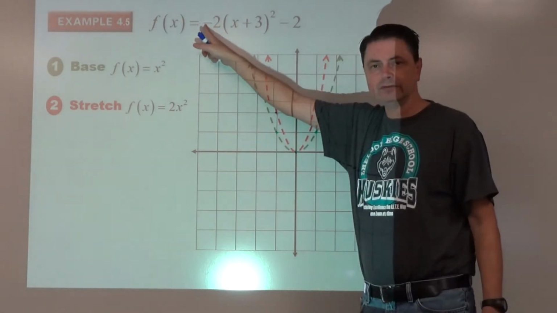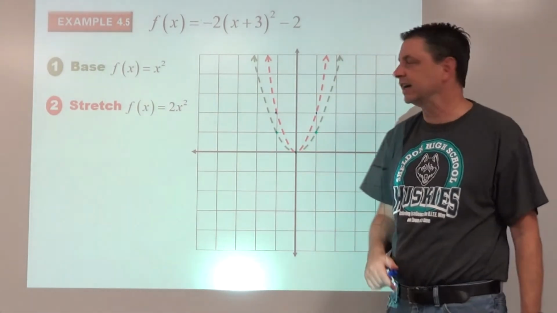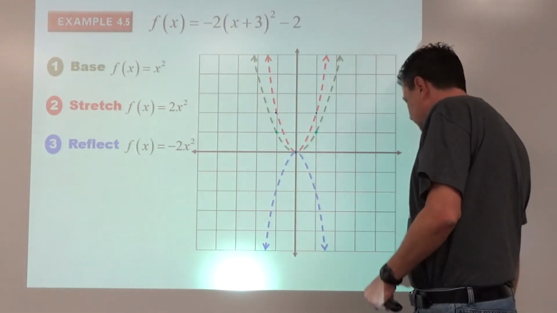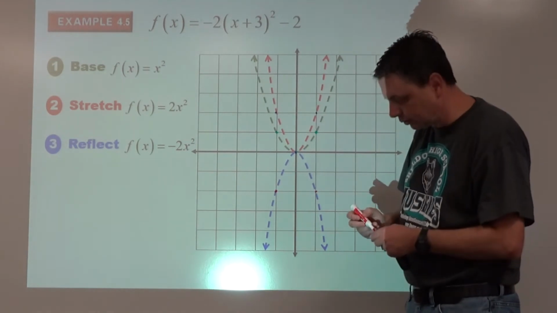And then the negative, outside the function, it's going to flip us, it's going to reflect across the x-axis. So our key points go there.